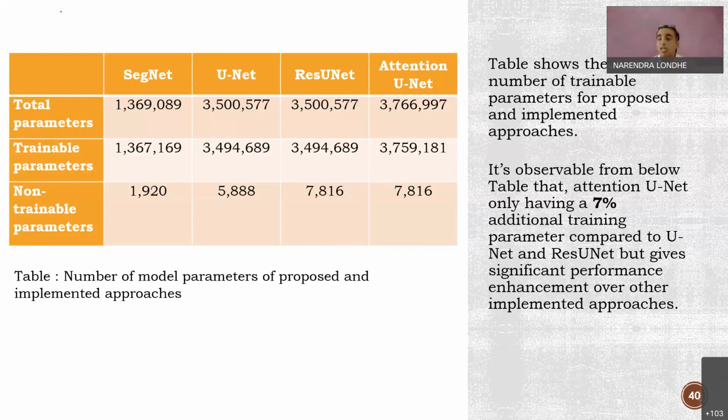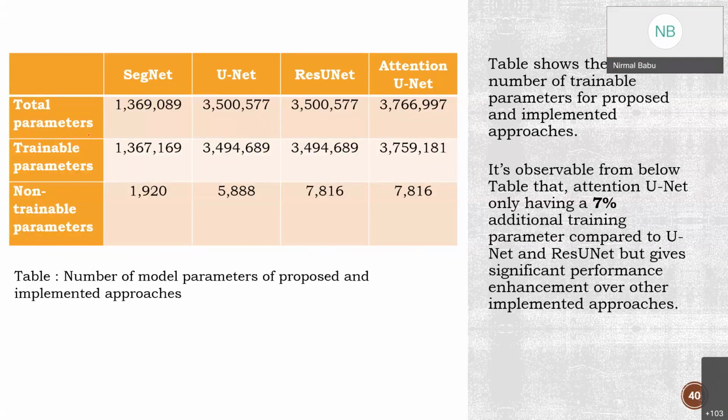Whenever you use a network, the computational complexity increases when you are increasing the number of layers, number of neurons, number of computations. So the more layers you include, the more neurons you include, and if the filter size changes, all that is going to change your training parameters. So we compared it.